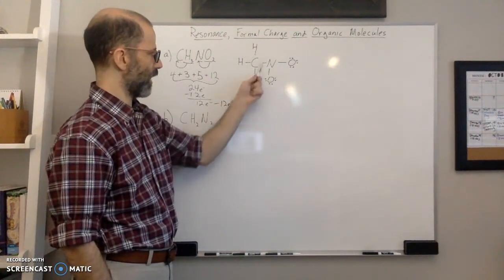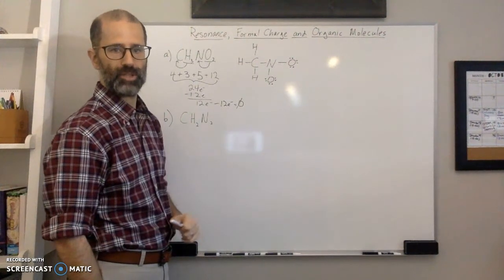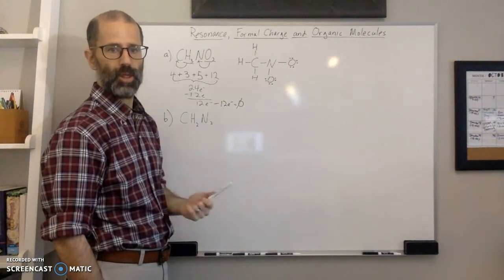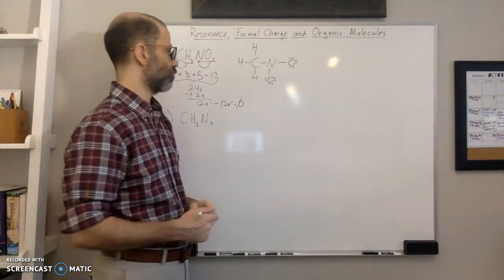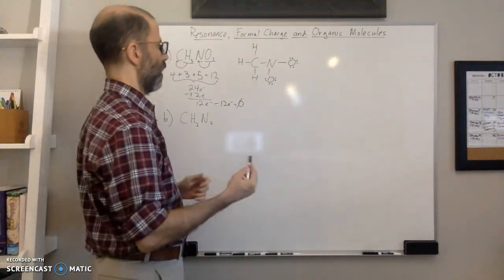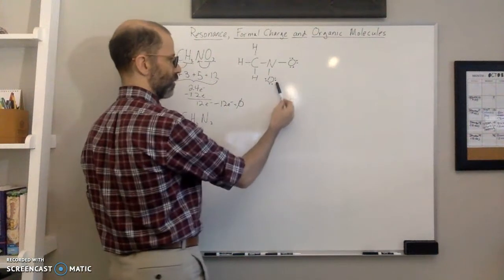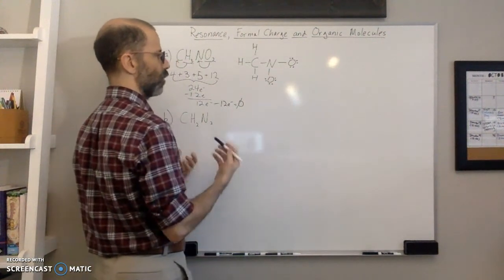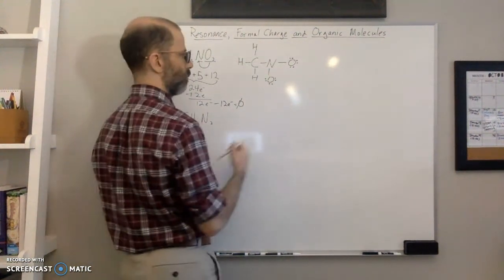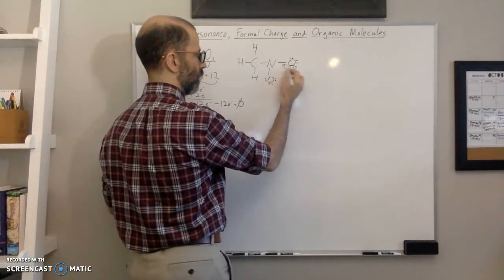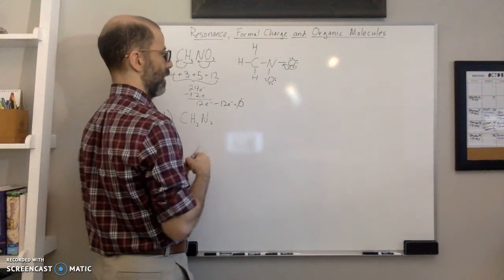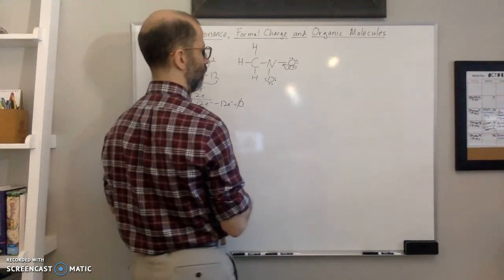But notice my nitrogen here only has 3 bonds. So what I need to do is, for either this oxygen or this oxygen, move a lone pair to make a double bond. I'm going to take this one and move a lone pair there, and I'm going to get a double bond.